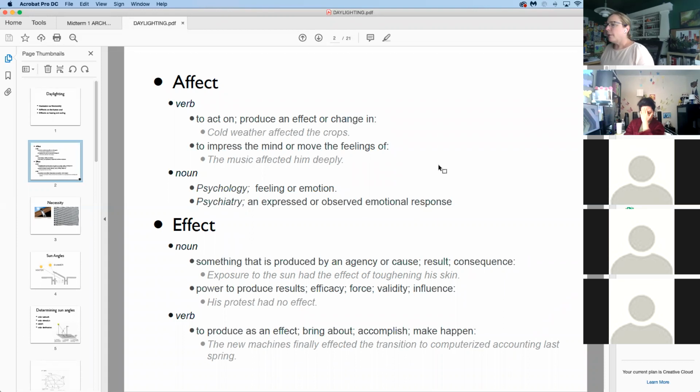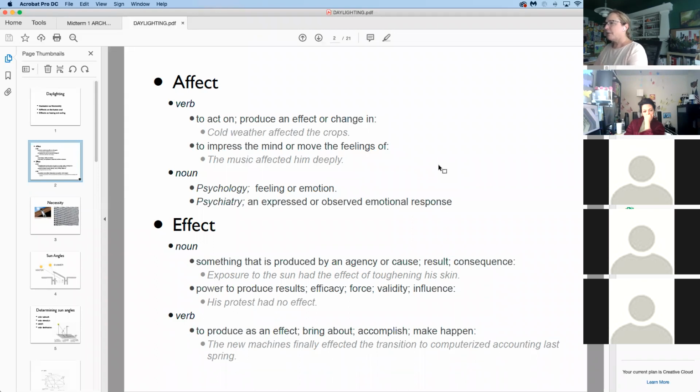Okay, so when I say affect, I'm looking at the verb, where the daylighting is producing an effect or a change in something within the project, the building, the site.